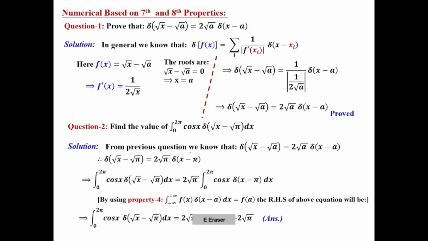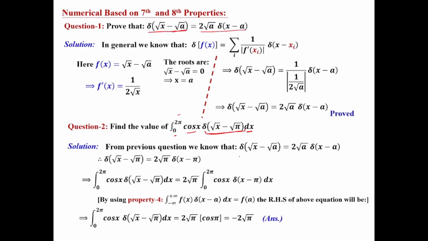Now we are going to go for the second question. Given the integral from 0 to 2 pi of cos x delta of root x minus root pi dx. Just before, in question number 1, we proved this result, so we are going to apply it directly over here.